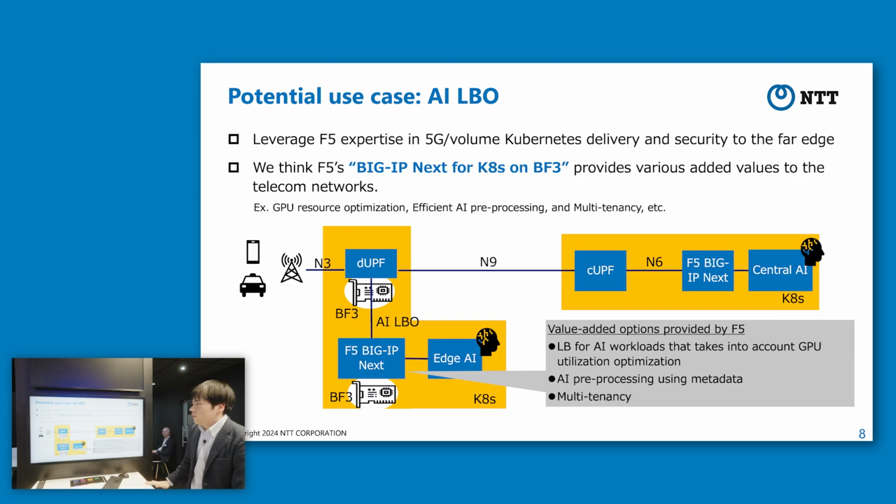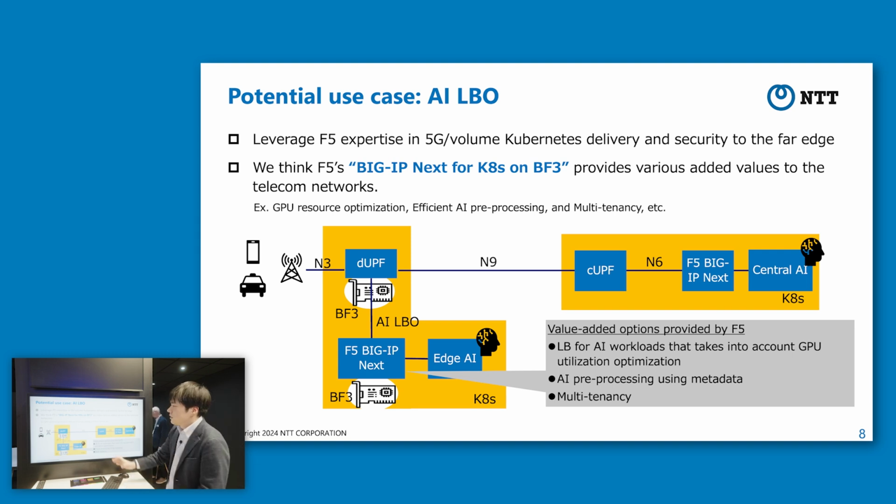Okay, finally, I'm so excited to announce our collaboration with F5. We plan to work with F5 to carry out a POC for an AI local breakout use case, in response to the recent rise in inference services using generative AI and the deployment of edge AI.